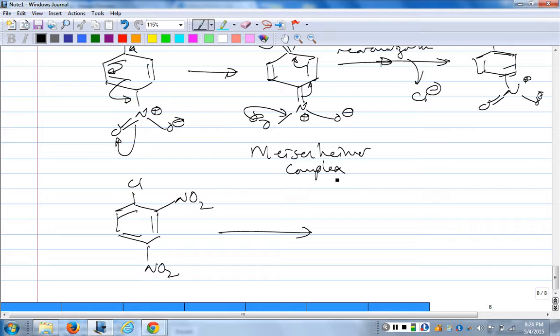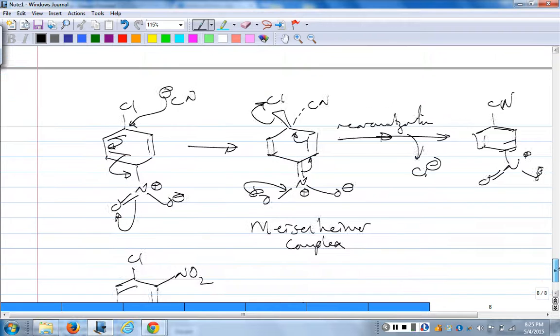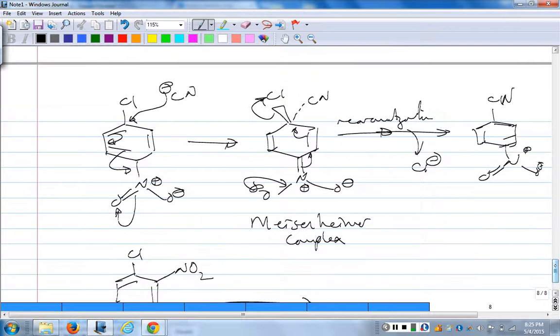So you can tell the difference between the reaction via the Meisenheimer and the benzyne, because in a Meisenheimer, yes, I have a good leaving group, but I must have a nitro or a cyano, ortho or para to the leaving group, and my conditions are not forcing. I'm not using molten hydroxide.